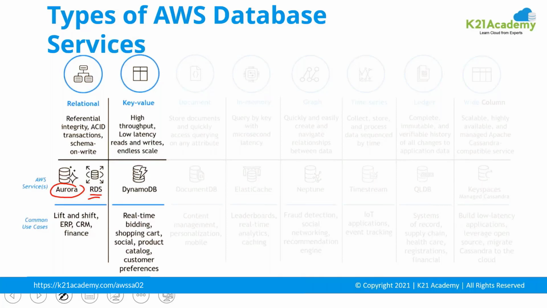See, I have told you the full form of ACID transactions. ACID: A stands for atomicity, C stands for consistency, I stands for isolation, and D stands for durability. When I say atomicity, that means the entire transaction takes place at once or it does not happen. Either it will happen or it will not happen. That is what is known as atomicity.